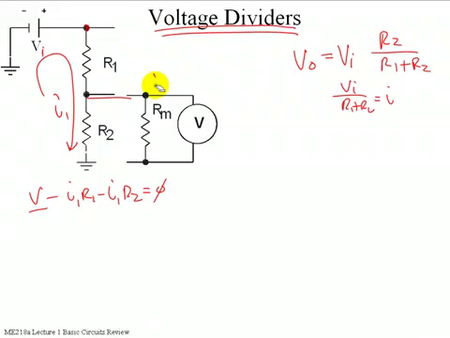How would we go about doing that? So when I make this measurement, I'm going to put RM in parallel with R2. So I've recognized that. What's it going to do? How is it going to change VO?